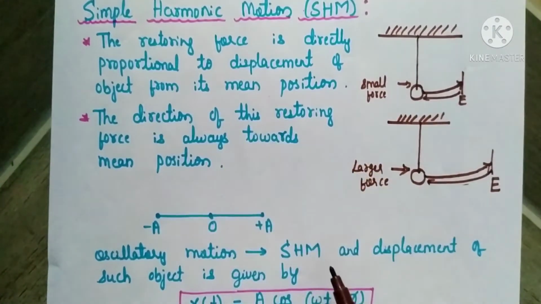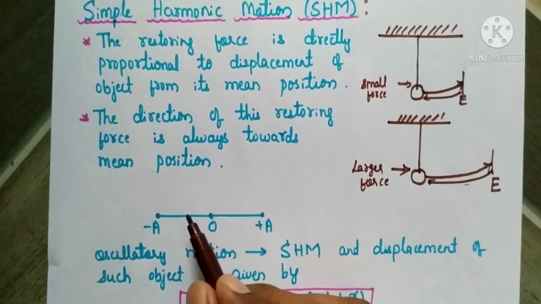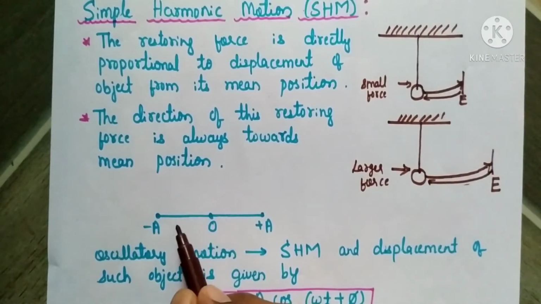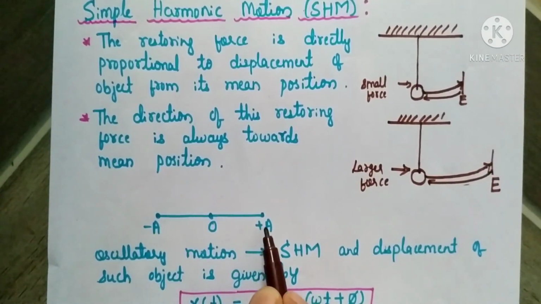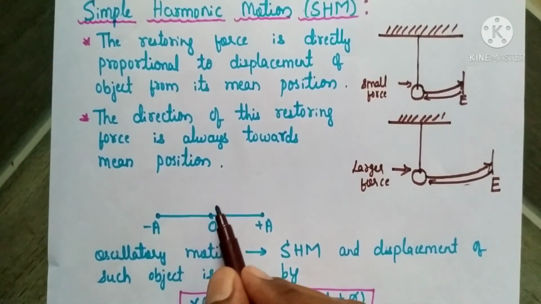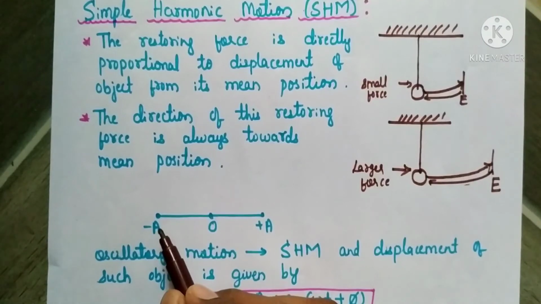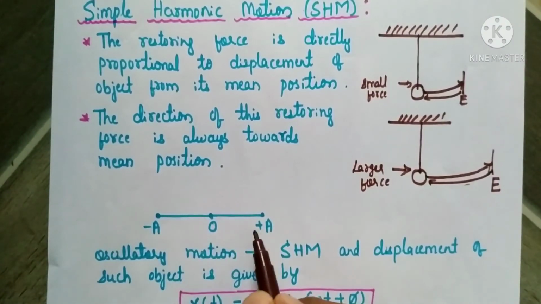Now consider an object that is oscillating to and fro about the origin of the x-axis between the limits plus a and minus a. O is the mean position, and plus a and minus a are the extreme points.